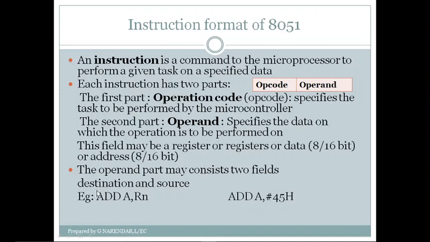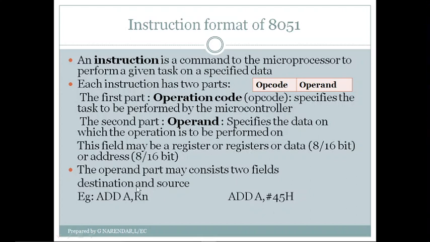But addition is to be performed on which data? Who will tell you that? Addition is to be performed on certain data, and that data is specified by the operand part, and here the operand part is A, Rn. And we already said that the operand part may be a register or registers.